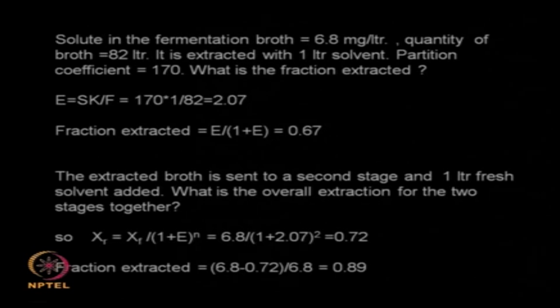If I have 3 stages, it may go up to 92%, if I have 4 stages it may go up to 95%, like that, because you have 1 plus E raised to the power n. It will not be a simple algebraic addition type, but it will be in slow steps. So one stage will have very high extraction, the second stage overall will come down, and so on.